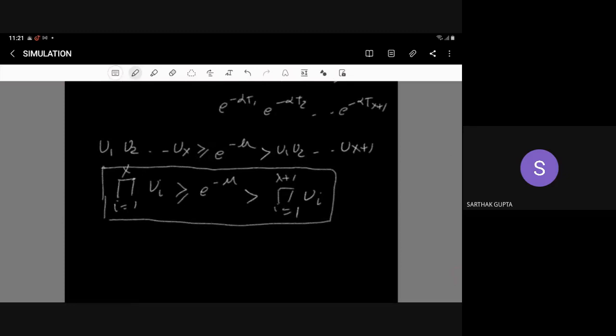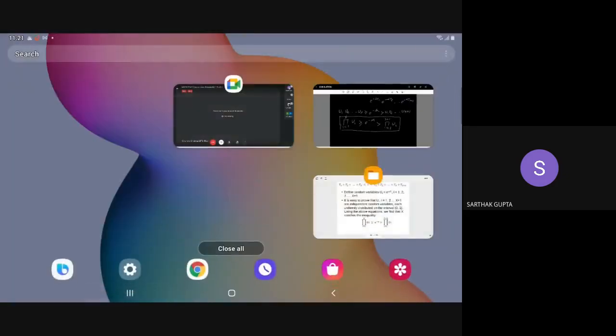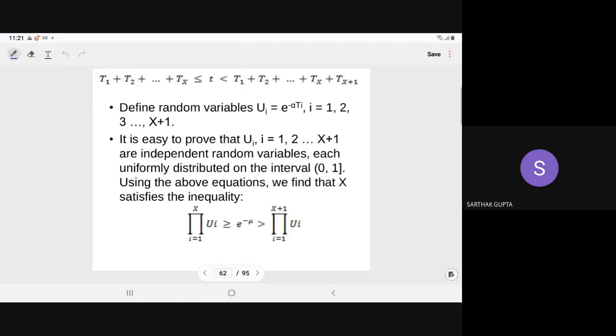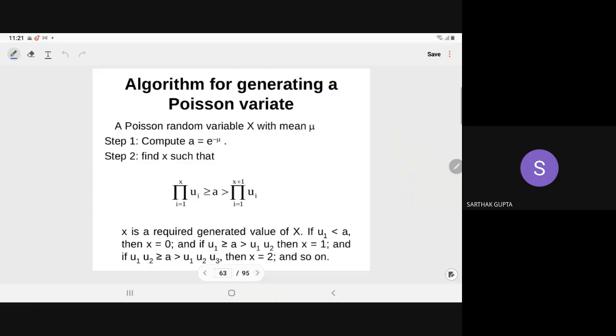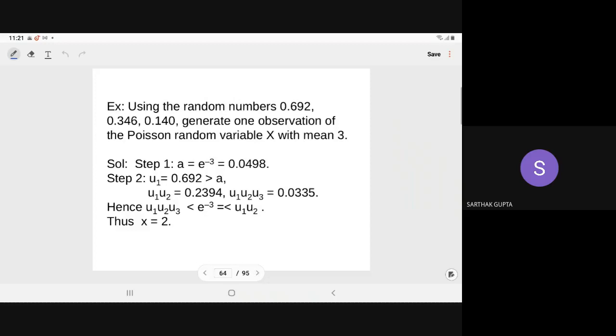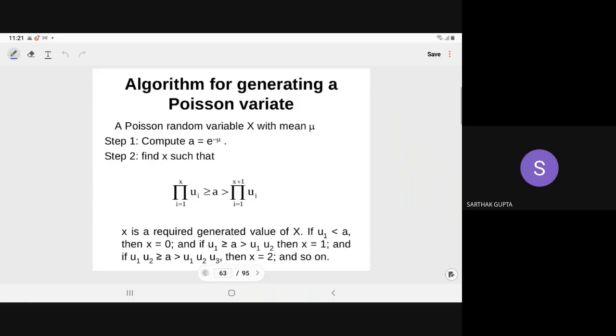Let us understand the same thing with an example. Here we have computed the scheme. Let us denote e to power minus mu as a.